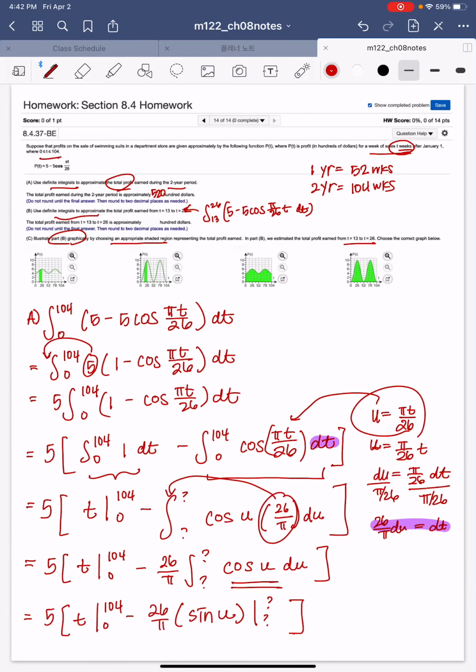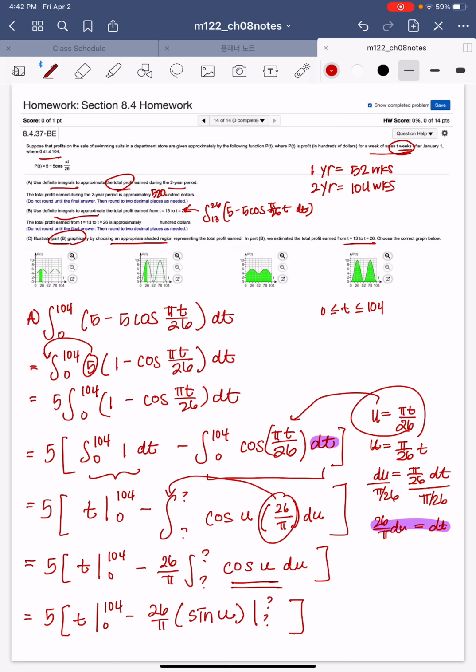All right, so I'll use a graphing calculator to do that. Now I'm looking at all my 4 options, and my graph t value, in other words the x-axis, starts with 0 all the way up to 104. So t is between 0 and 104.